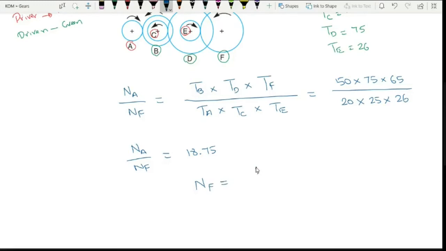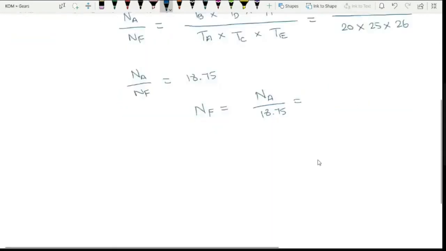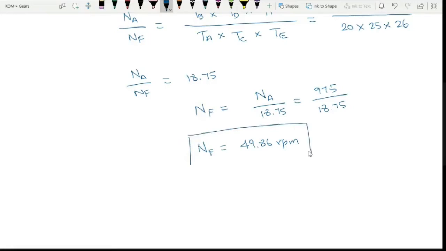So NF is NA divided by that. NA is given as 975 RPM. So the answer you're getting is 49.86 RPM. Right, this is my answer. Any doubt on this?